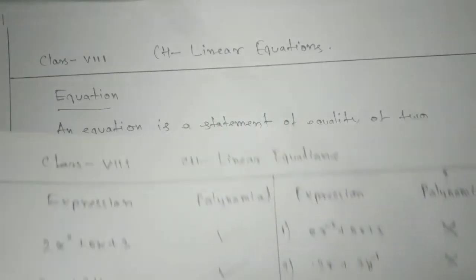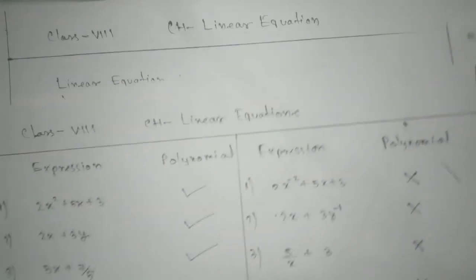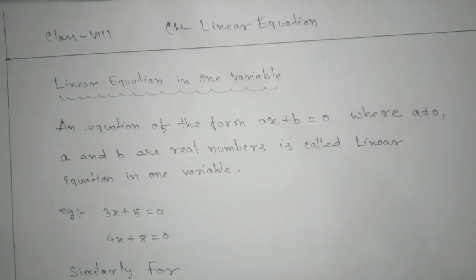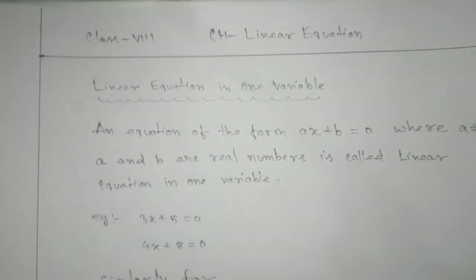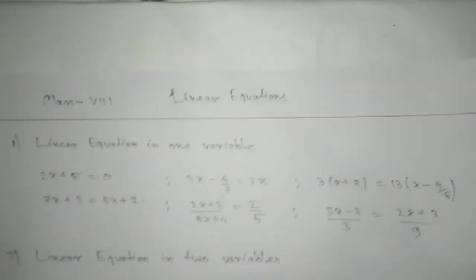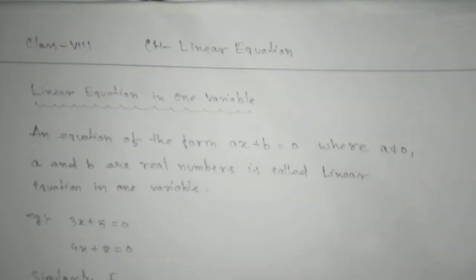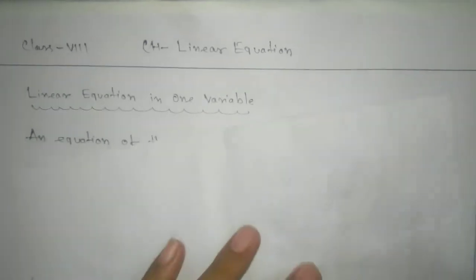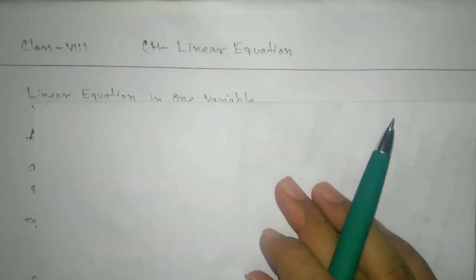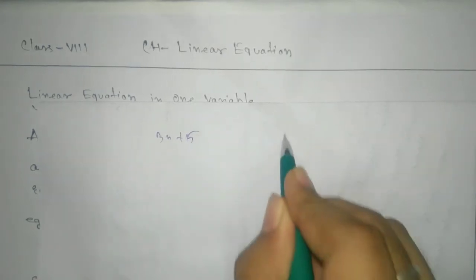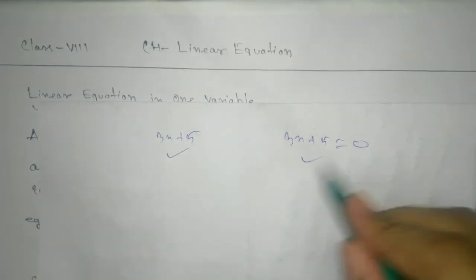Next we have the definition of linear equation in one variable. We'll discuss this one later. First we'll try to differentiate between expression and equation. If I take 3x plus 5, and if I write 3x plus 5 equals 0, then this is your expression and this is your equation.